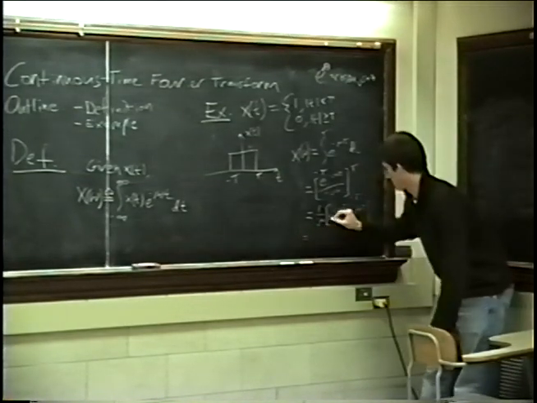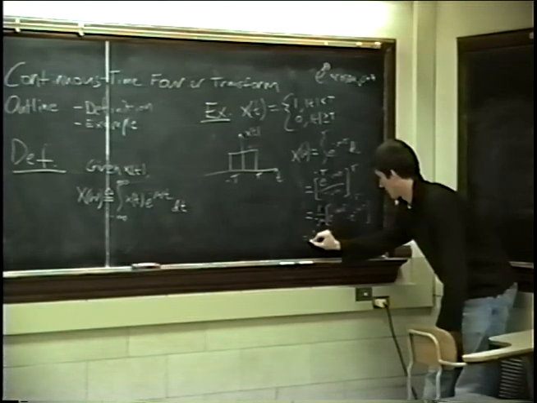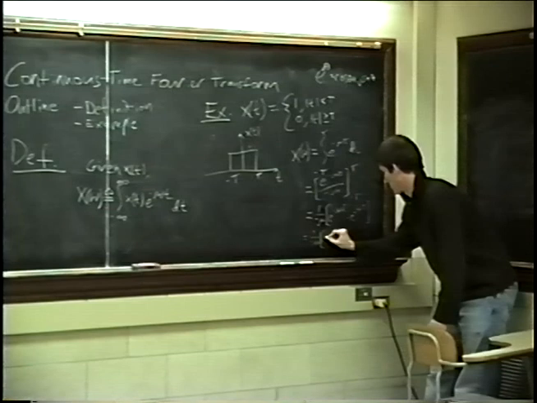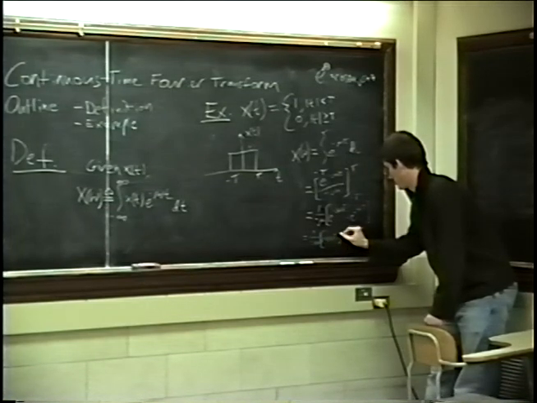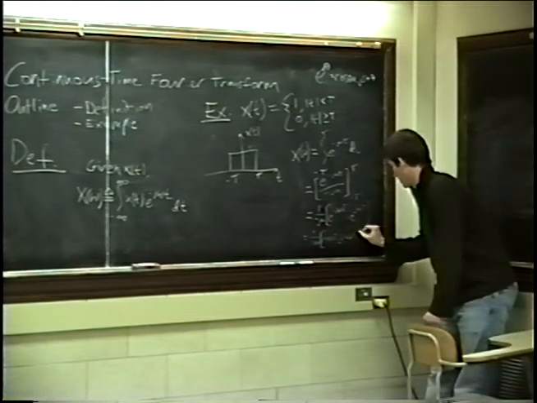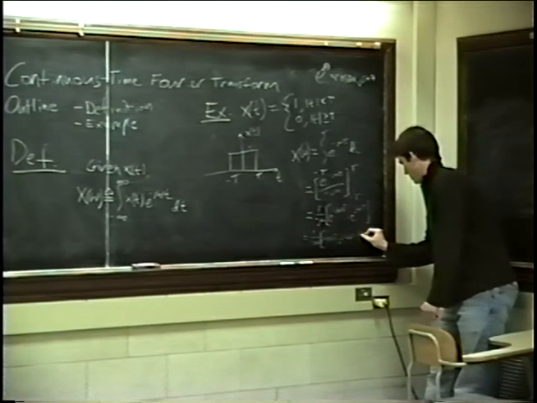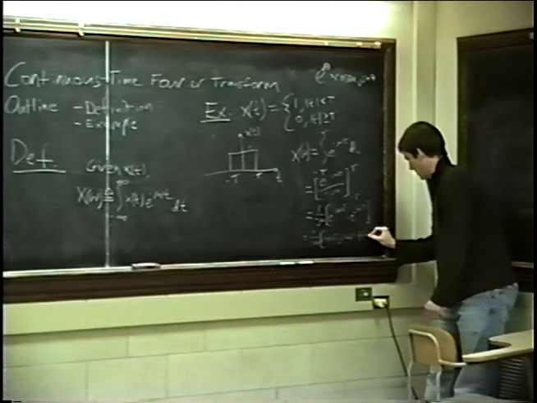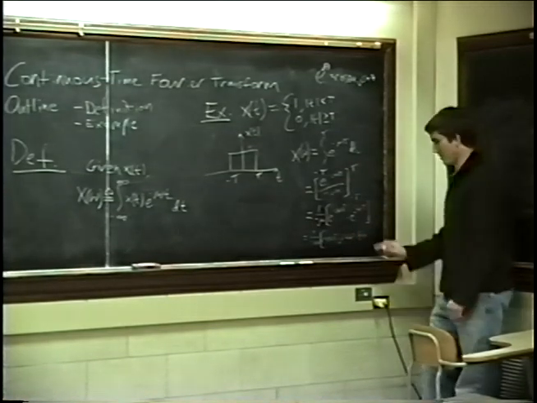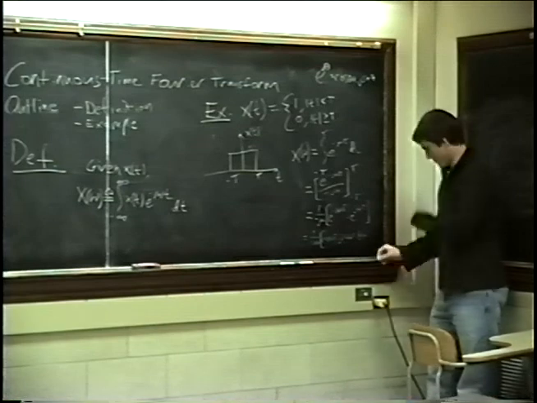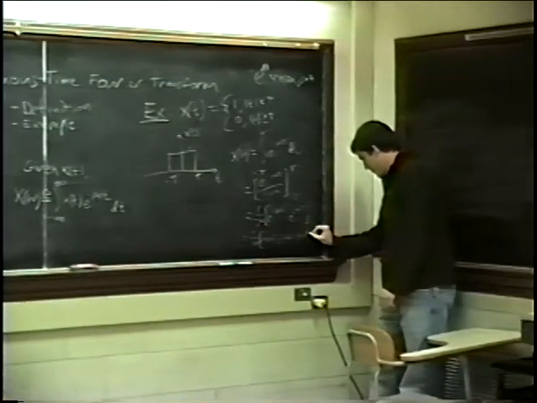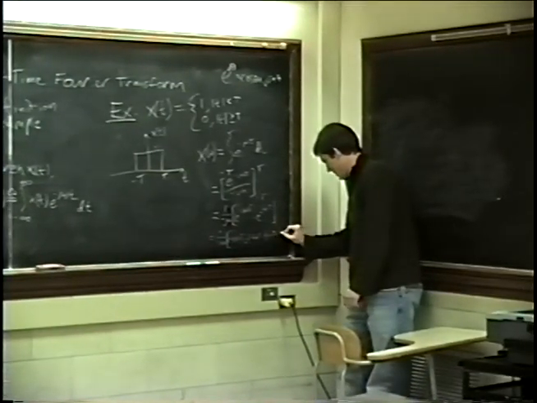So we get this: cosine omega t minus j sine omega t minus cosine omega t plus j sine omega t. Can everyone see this? Is it too small? Well, hopefully you can see it.